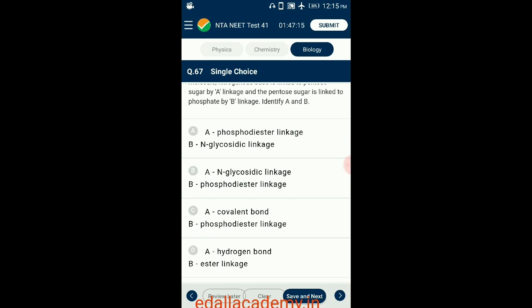When a phosphate group is linked to 5'-OH of a nucleoside through phosphoester linkage, a corresponding nucleotide, that is ribonucleotide or deoxynucleotide, depending upon the type of sugar present, is formed. 2 nucleotides are linked through 3' to 5' phosphodiester linkage to form a dinucleotide. So the correct answer for this question is option B. A represents glycosidic linkage, B represents phosphodiester linkage. So the correct option is B.